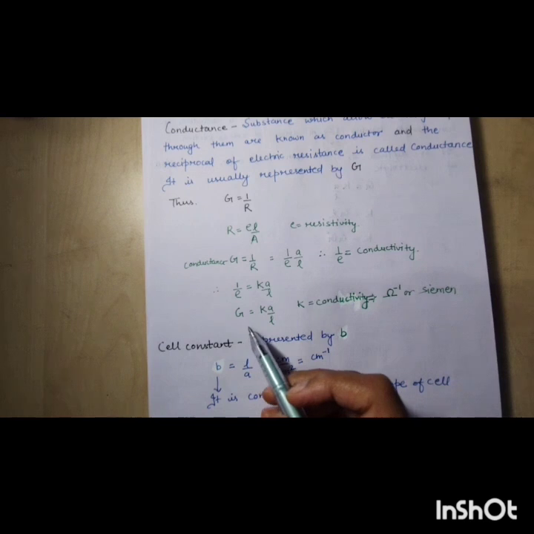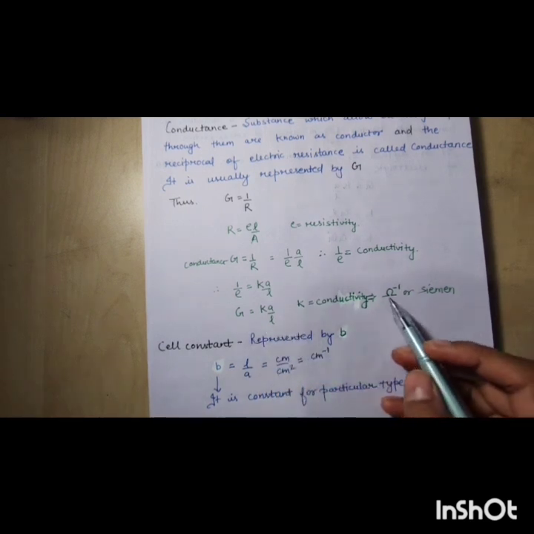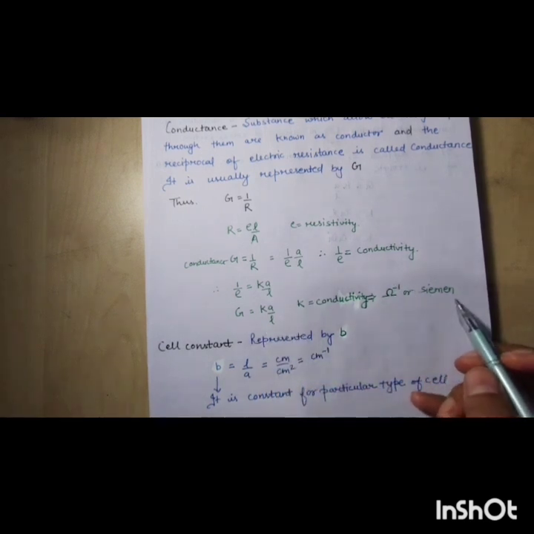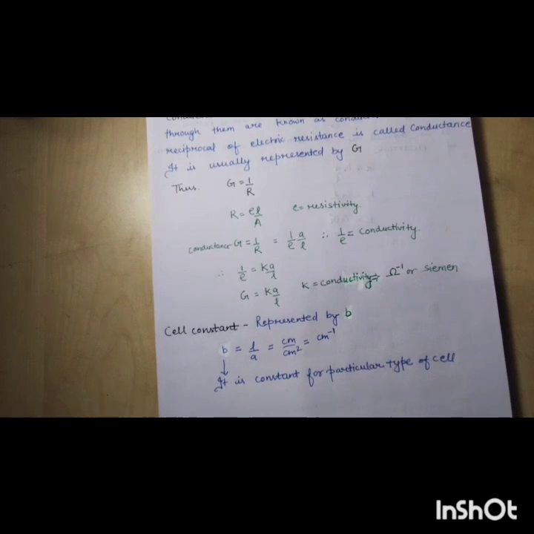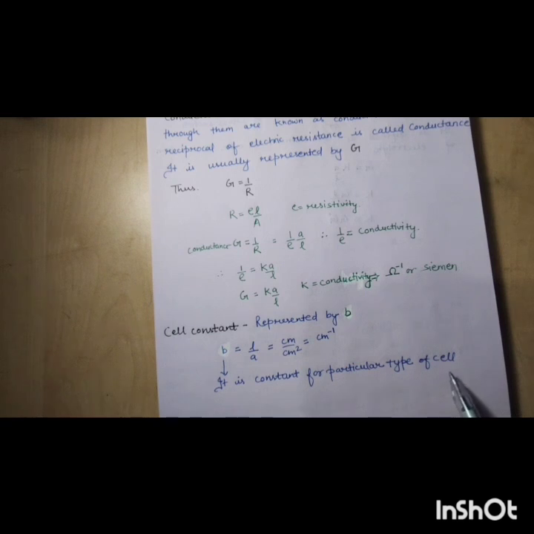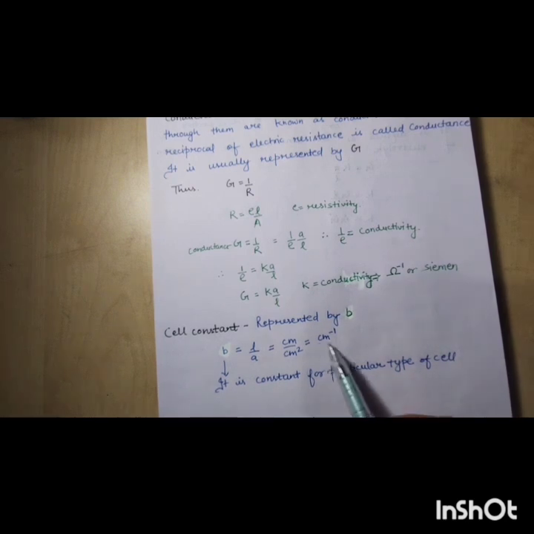And here the conductance unit is ohm inverse or Siemens. The cell constant is constant for a particular type of cell, that is, for a particular length or area, and its unit is centimeter inverse.